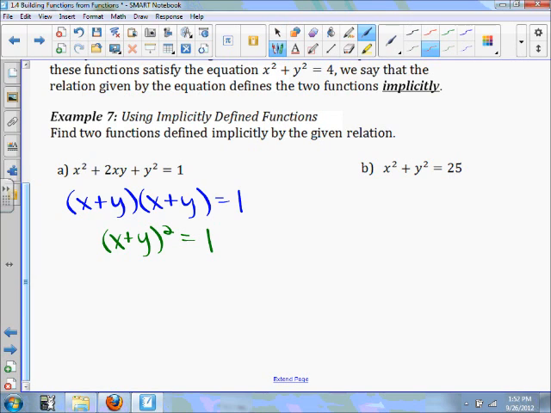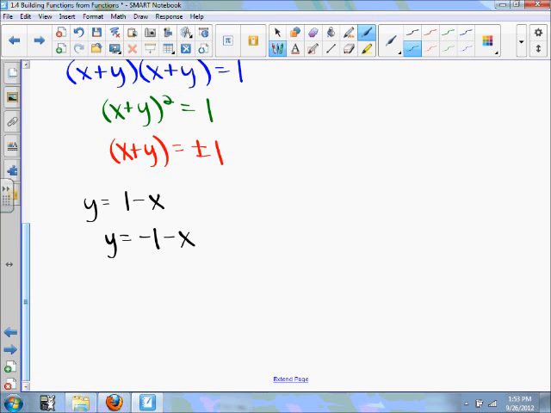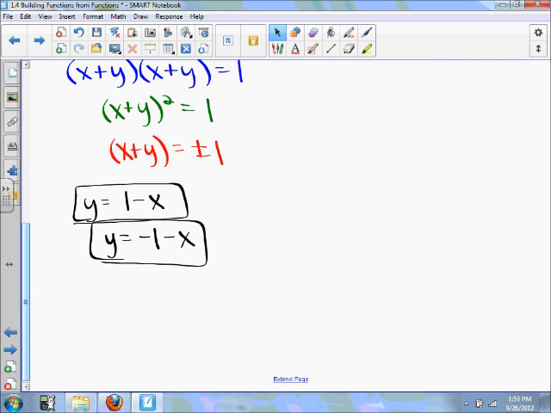Now to solve this, we're going to take the square root of both sides. Then we'll solve for y. So y will equal 1 minus x. y will equal -1 minus x. So here are our two equations, two implicit equations.